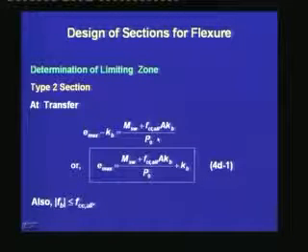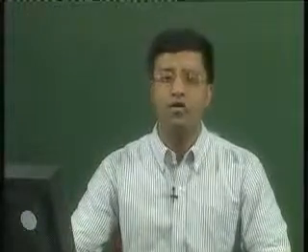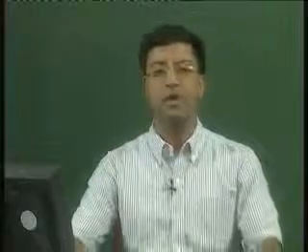This expression we had seen in our last lecture, and we can appreciate that this is a more general form of expression where we have one term which involves the allowable tensile stress.